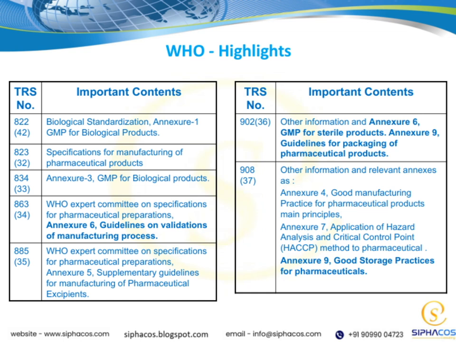They include Annexure 6, offering guidelines on validating manufacturing processes, and Annexure 5, providing supplementary guidelines for the manufacturing of pharmaceutical excipients. Overall, these references form a comprehensive framework ensuring quality, safety, and efficacy across all stages of pharmaceutical manufacturing, aligning with our broader goal of upholding high standards in the industry.